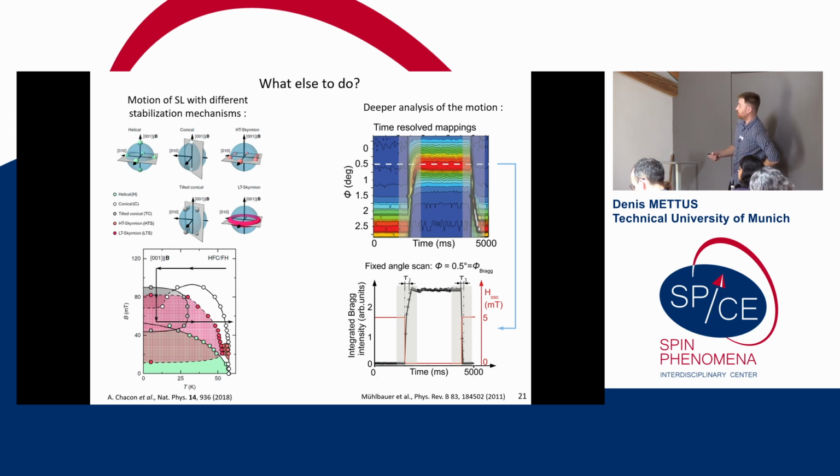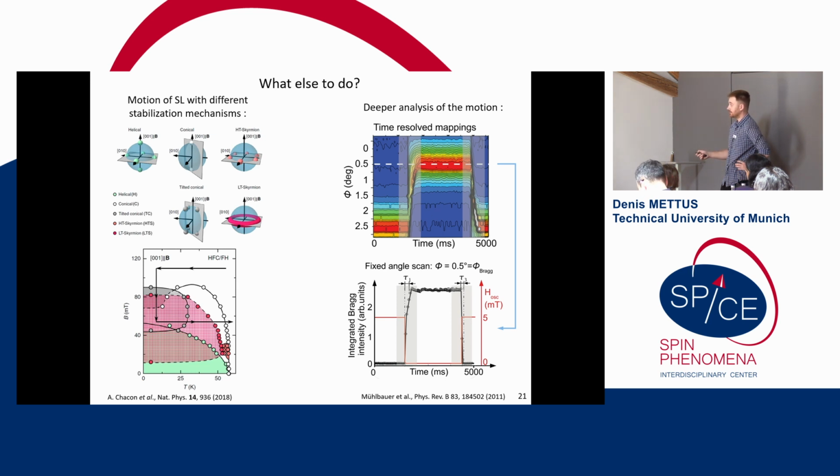And another thing we wanted to do is a deep analysis of the motion. So this is an example from 2011 when they measured low frequency excitations of the vortex lattice in superconductors. And you see that, in contrast to our motion, this is a very step-like motion here. So the question was whether we can see that in skyrmions as well, or whether in skyrmions it's more like a sinusoidal kind of motion.